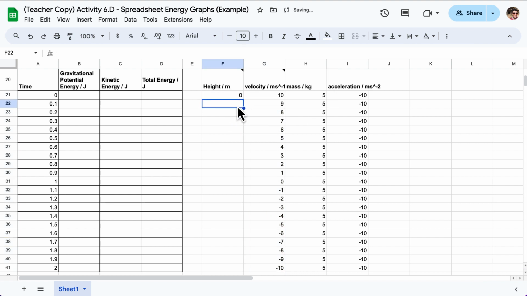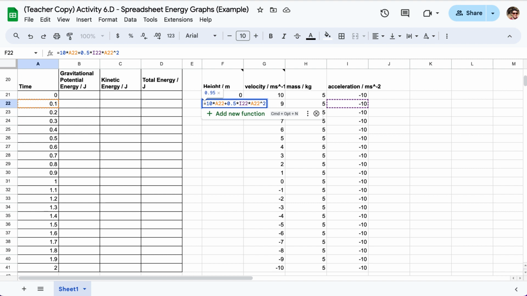Our initial height is going to be 0, so we're going to start here, and we say equals, and then our initial velocity, which was 10, times, we click on time, and then plus 0.5, because that's what 1/2 is, times acceleration, that's right there, times time, and we square it.